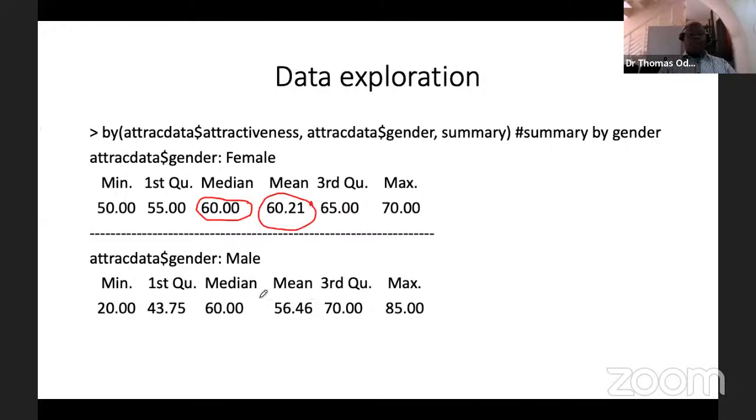For male, the median is 60, and the male seems to be slightly lower than the female as far as the selection of mate is concerned. If you look at the maximum, the most choosy lady had a score of 70, but there was a gentleman who is really, really choosy, who got a score of 85. So one of the mates that person chose scored 85 in terms of attractiveness.